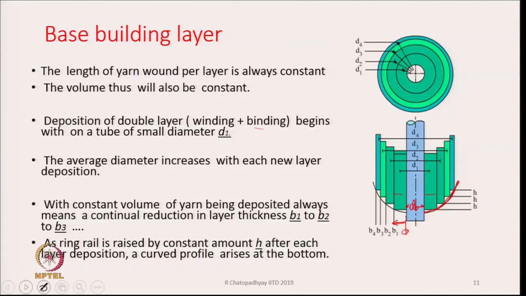The reason is that successive layers are being laid on a larger diameter, and hence thickness is continuously reducing, and therefore the outline that gets formed looks like a curved line. This is the reason a curved profile will generally get built up.